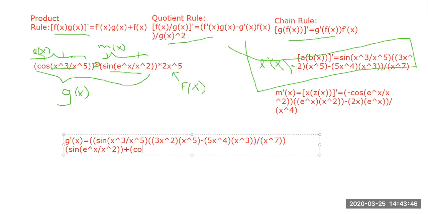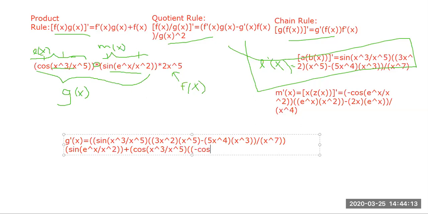So cosine x to the third divided by x to the fifth times our g prime of x, which would be our m prime of x.